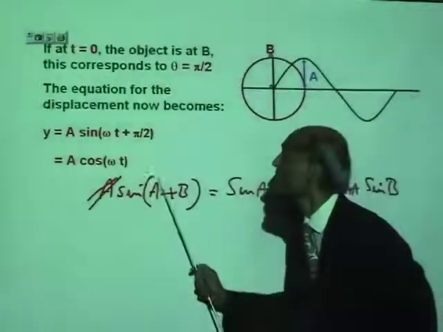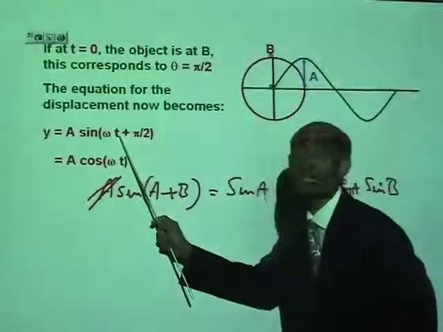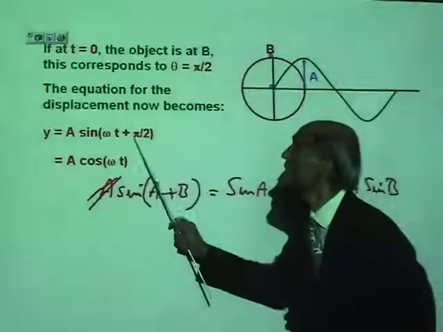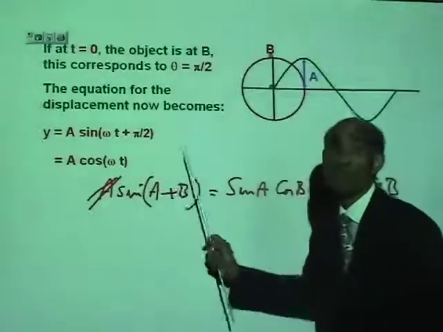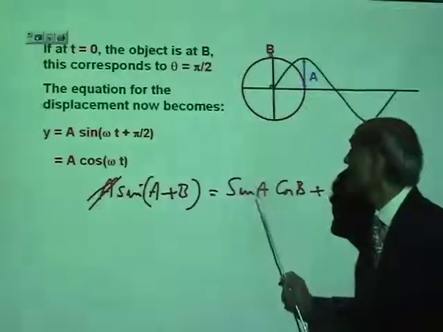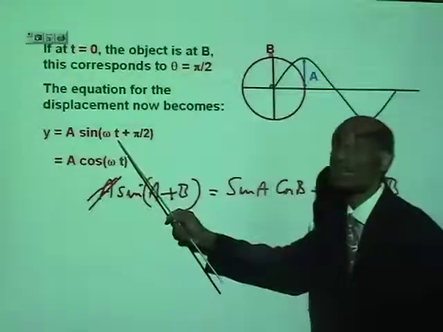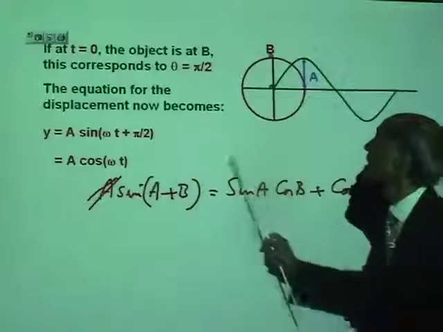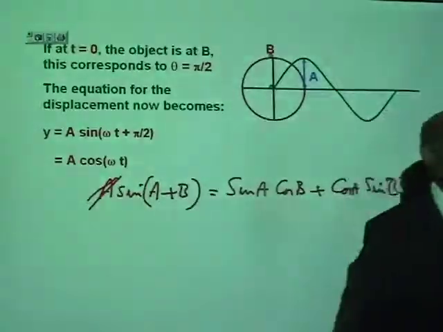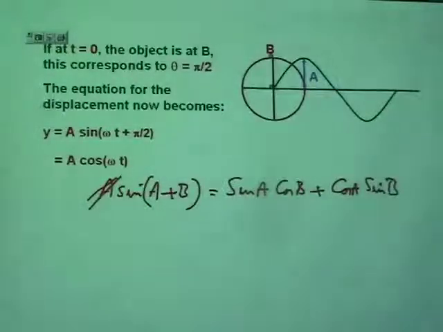In this case, our A is omega t and our B is pi by 2. So, if I replace A by omega t and B by pi by 2, let's see what that will bring us.